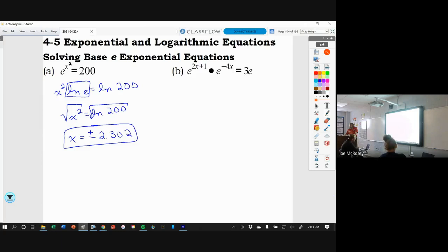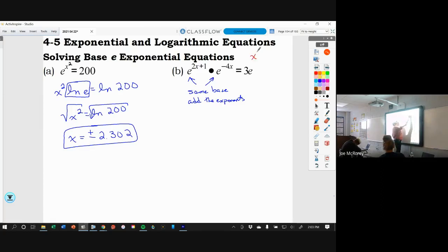What do you do with the exponents? Here we have the same base, so add the exponents. It's still e. We keep the base.